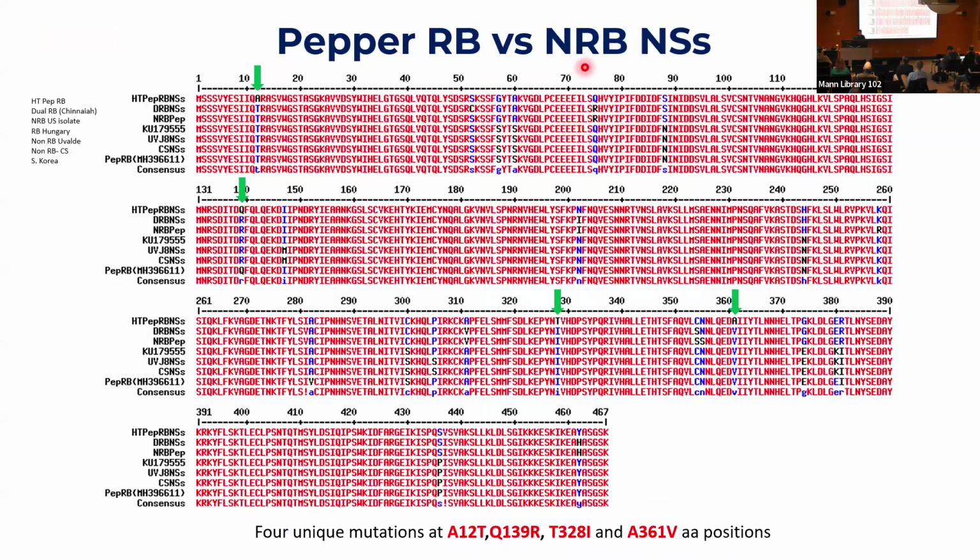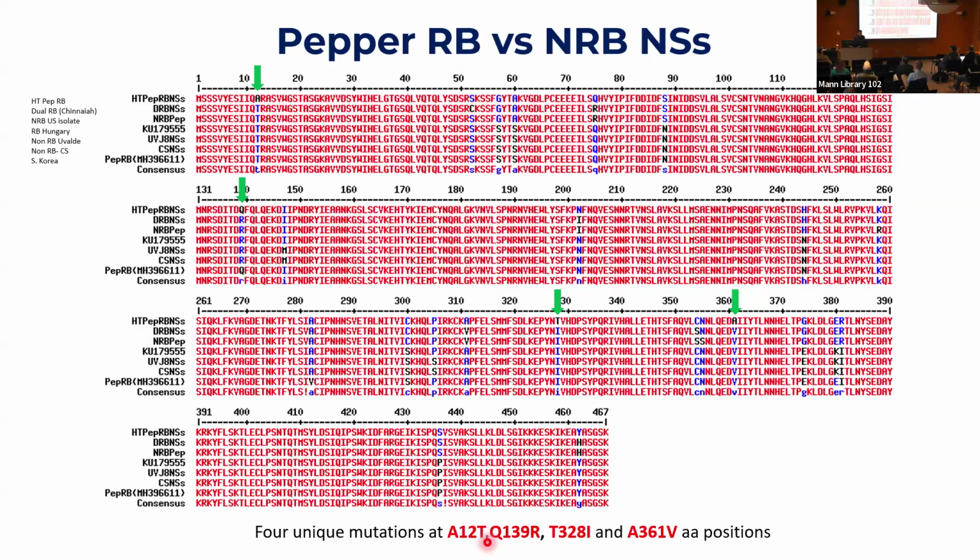This is interesting. We sequenced the entire genome, but this is the amino acid sequence of NSs. We compared the HT-Pep RB isolate with the other key resistance breaking and non-resistance breaking isolates that we had, and what we observed is four unique point mutations across the NSs in various regions.